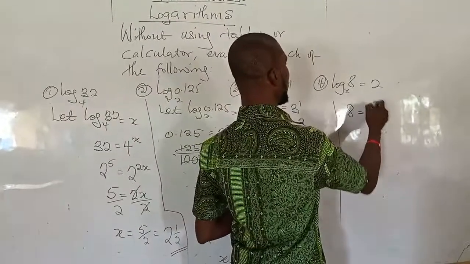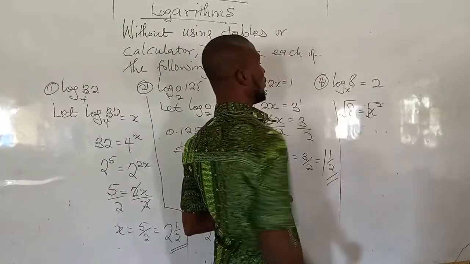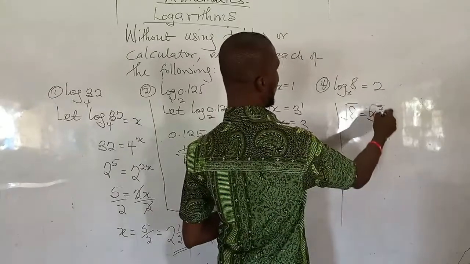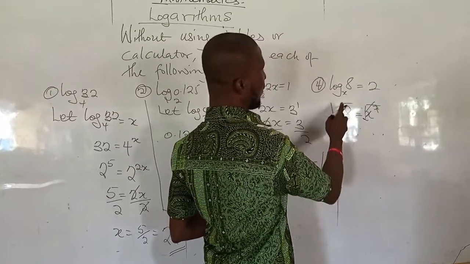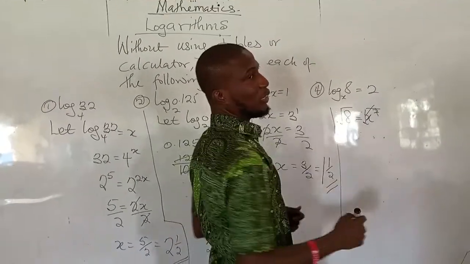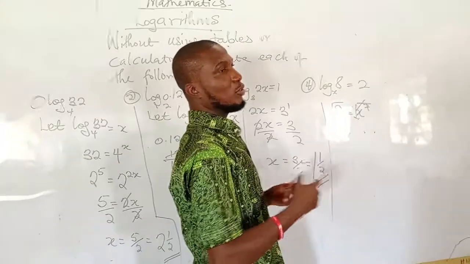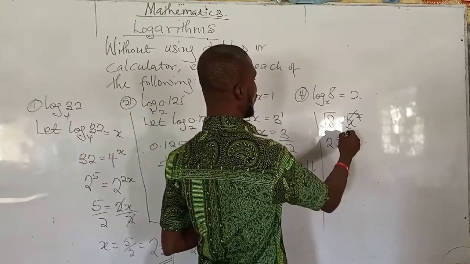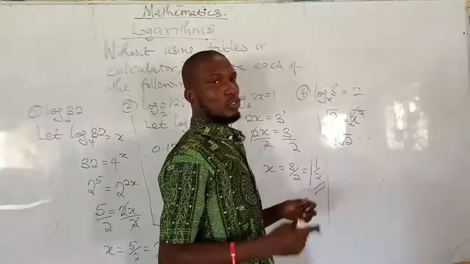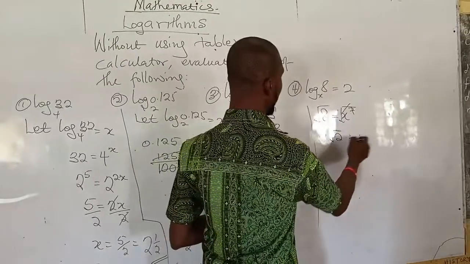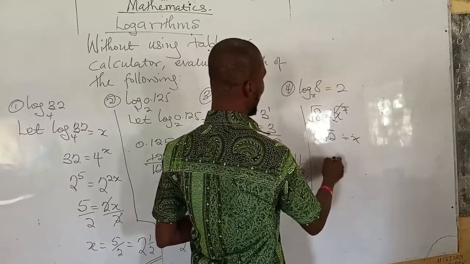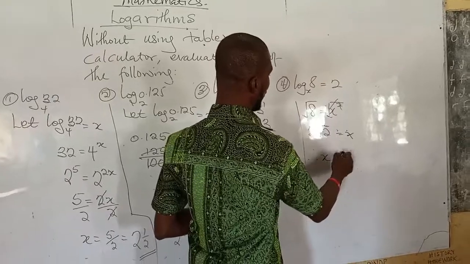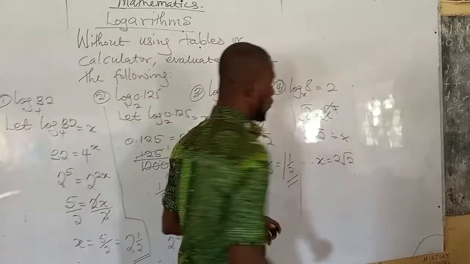So you take the square root of this, you take the square root of this. This one cancels this. This one, we can get a perfect square from it, that's 4 times 2. And the square root of 4 is 2. So you are going to get 2 root 2, which your calculator can also give you quickly, to be x. Therefore, the value of x is 2 root 2.